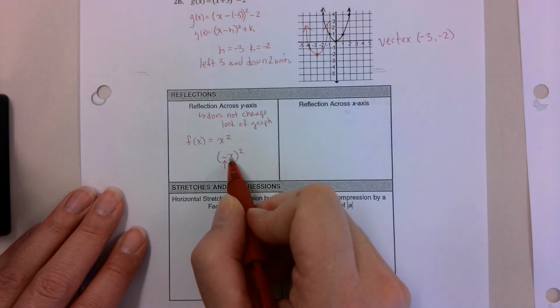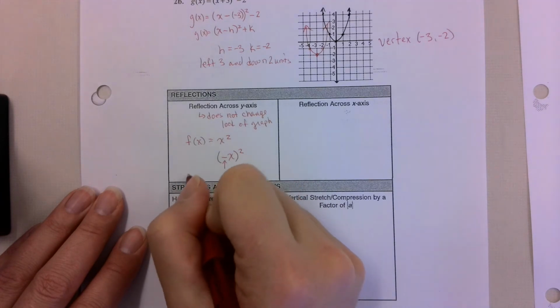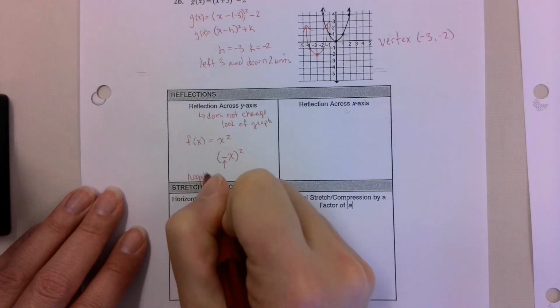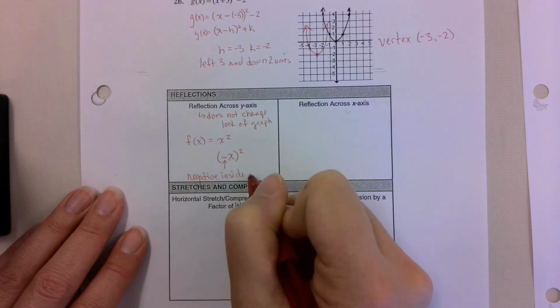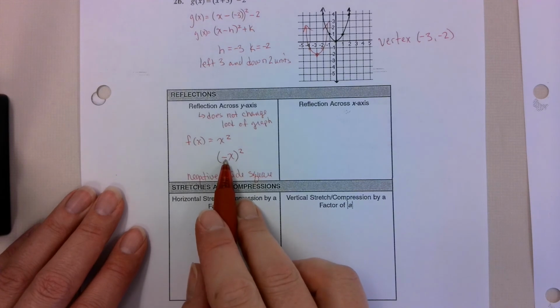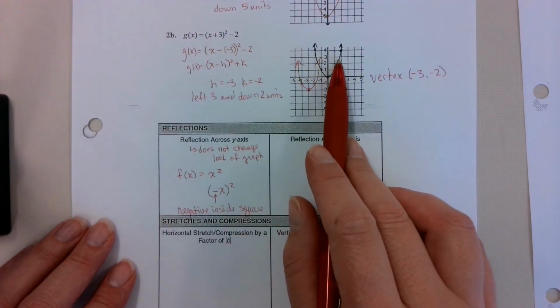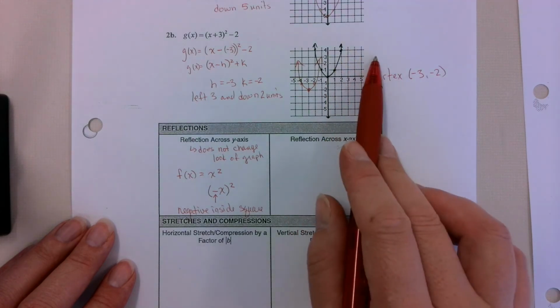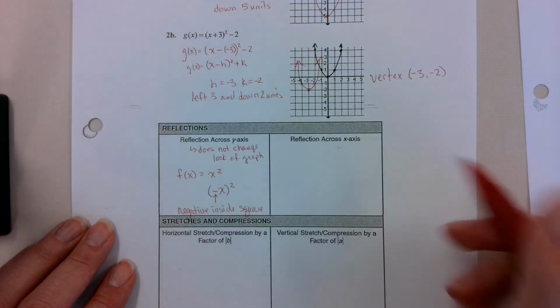So if I have 2 and I say take the opposite and square it, I'll still have the same result. So it's the negative sign inside the square. And that's why you can put the negative in there. It's going to reflect it across the y-axis, but if I reflect this, you can see it doesn't look like it always changes the graph. Okay, now if my graph's over here, it will look like it does it. So it doesn't change the look of the graph, it just reflects it.